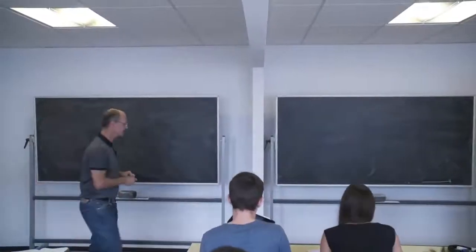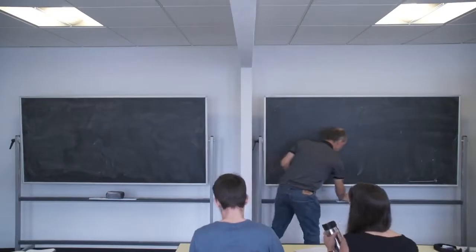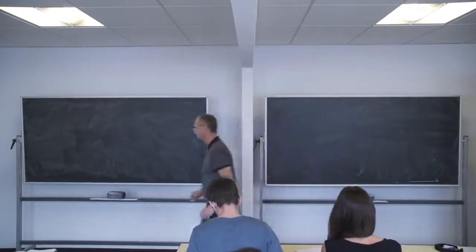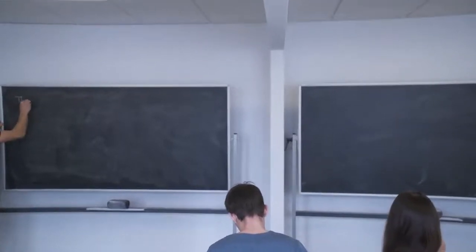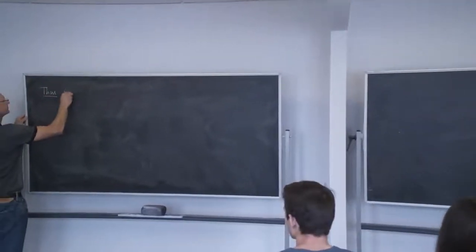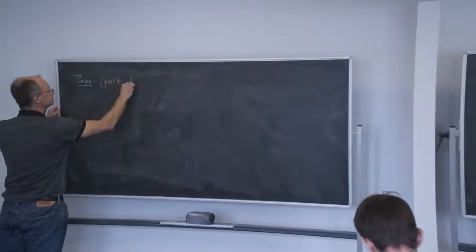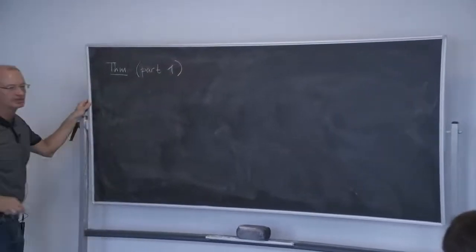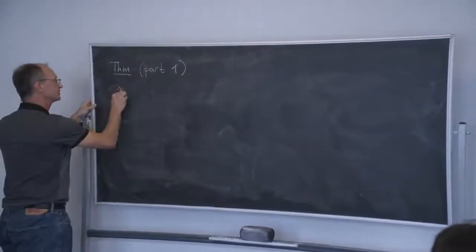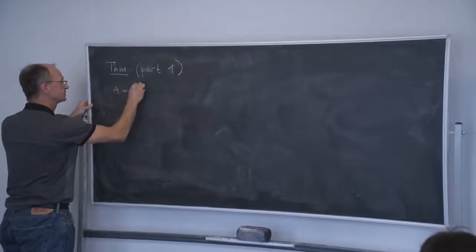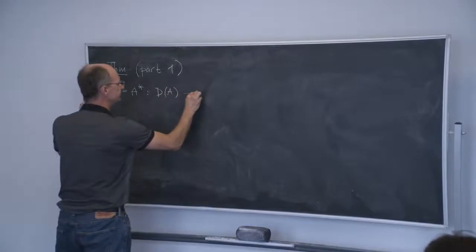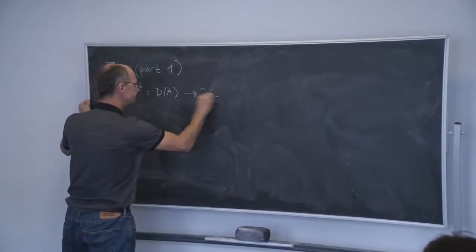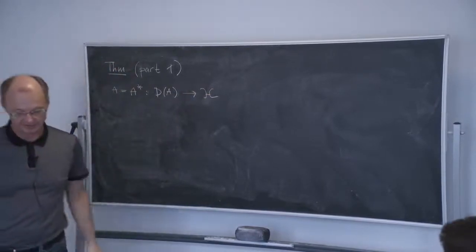All right, so let's continue. So now spectral theorem. It will come in two parts. So part one. So let's assume that we have a self-adjoint operator.